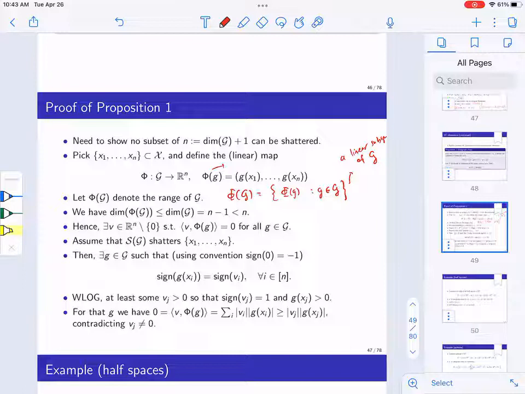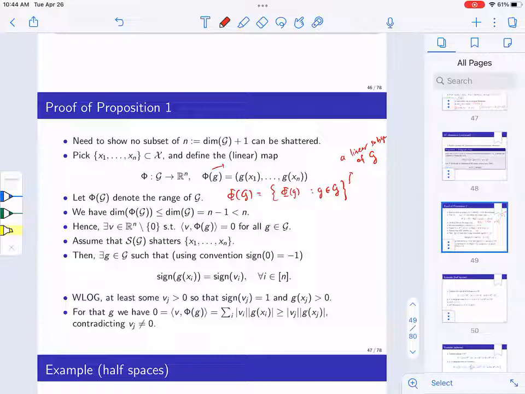So if that's the case, then there exists a non-zero vector v such that this multiplied by anything in the range is 0. Why is that? It's the null space of the transpose, basically.